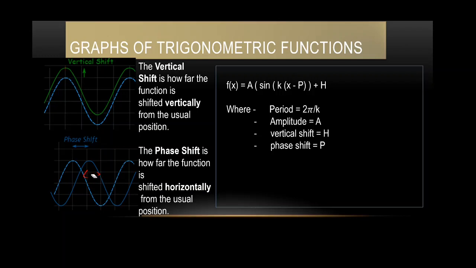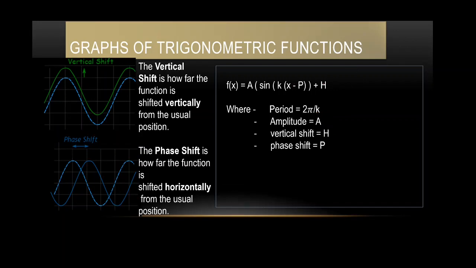If we write a function like a sine of k into x minus p, plus h, this is how we usually write a sine function. In this case, the period will be 2 pi by k, the amplitude will be a, the vertical shift will be h, and the phase shift will be p. Here plus h is there, here minus p is there, that one you should remember.